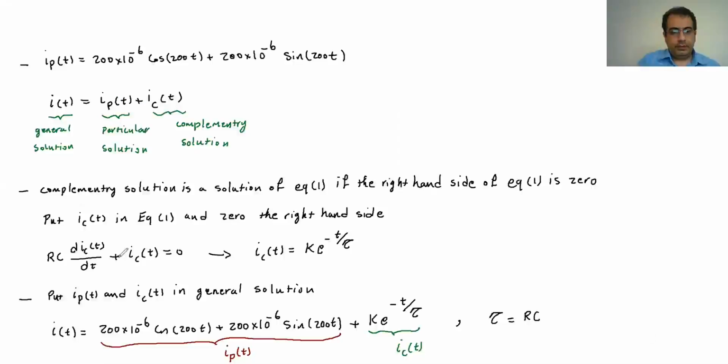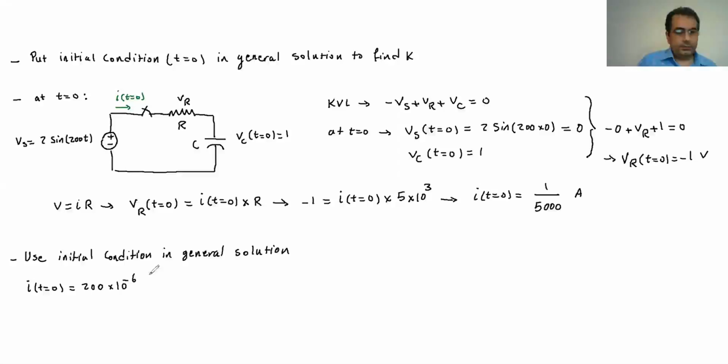So 200 times 10 to the negative 6 cosine 200t plus 200 times 10 to the negative 6 sine 200t, plus the k e to the power of negative t divided by tau.